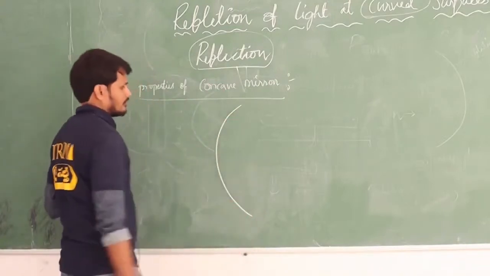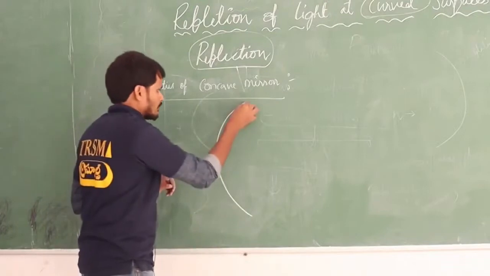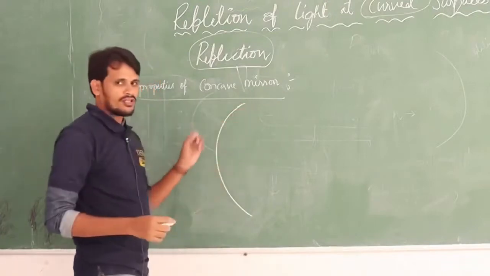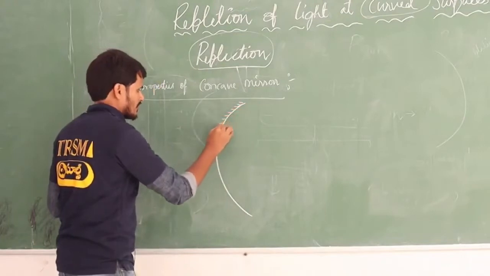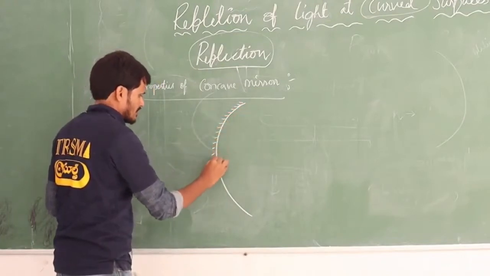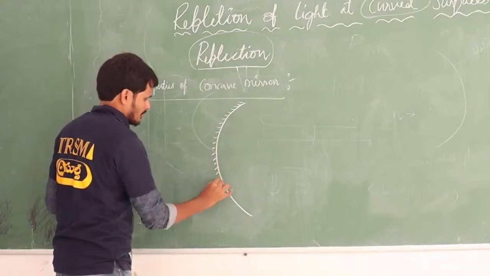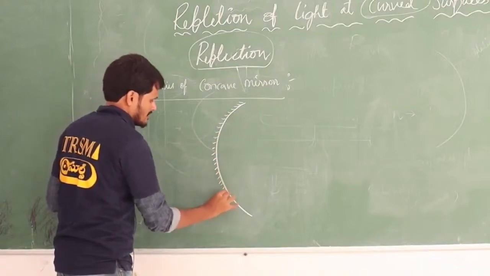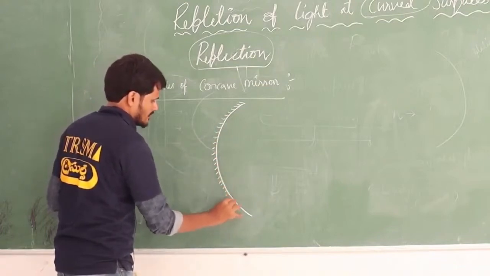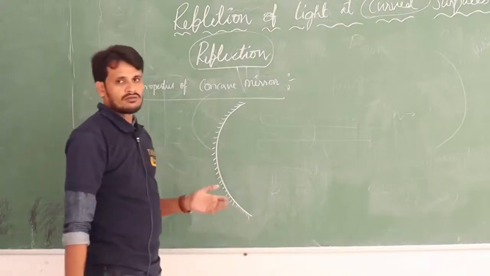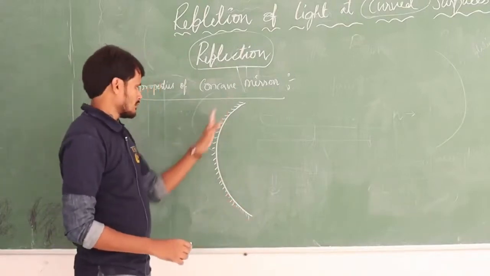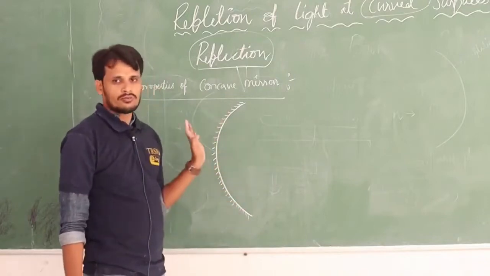While drawing a concave mirror, the coating is very important here. Why? Because the coating can tell whether a given mirror is concave or convex. The coating may be outside, that is concave. The coating may be inside, that is convex. Coating is very important, or else we can't define what is concave and what is convex. So I just coated outside, that is a concave mirror.